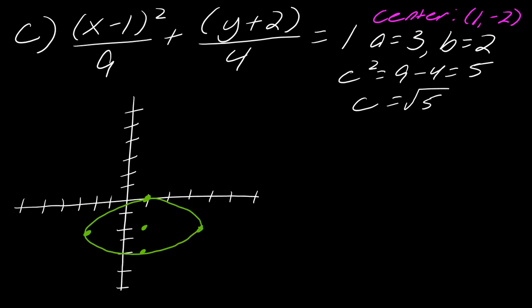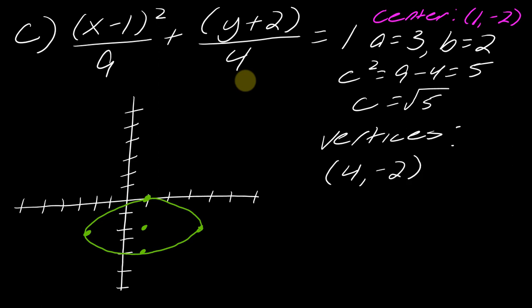Now I can read a lot of these points off, right? My vertices are the ends of the major axis. So let's see, this looks like 1, 2, 3, 4. So this is 4, -2. And then the other point is -2, -2.